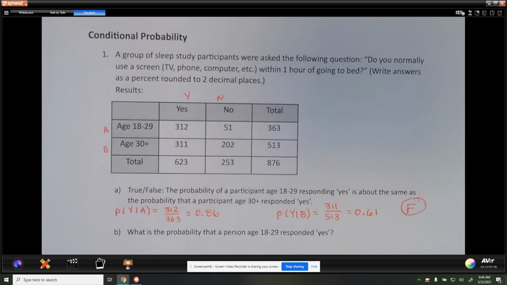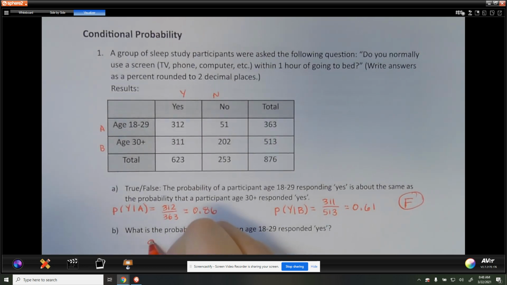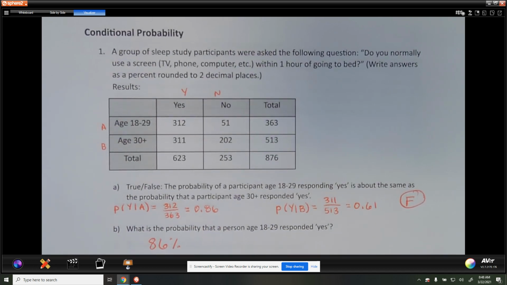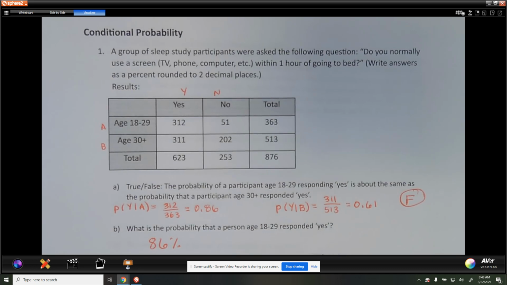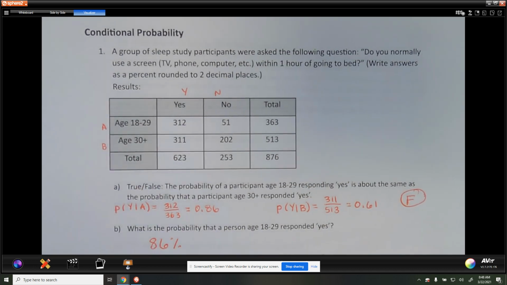Okay, what is the probability that a person age 18 to 29 responded yes? That's right here, 86%. What's the probability that a person age 30 years or older responded no? All right, so this is the probability of responding no, given that they're in that B group, 30 years or older.